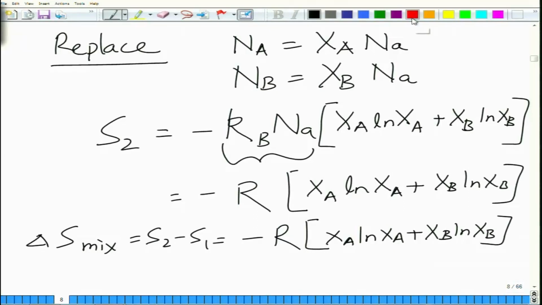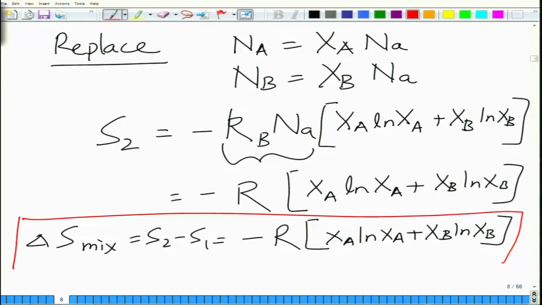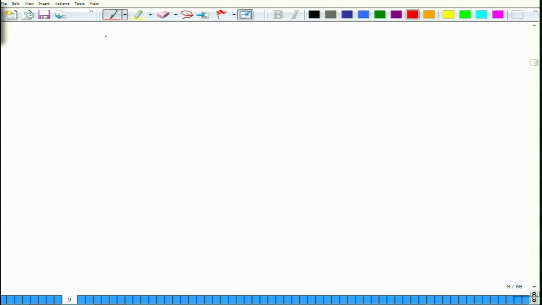So, this is the entropy of mixing that you get after working out the expression for configurational entropy, assuming that thermal entropy change is equal to 0. So, you can see here, since Xa and Xb are less than 1, delta S mixing is greater than 0.